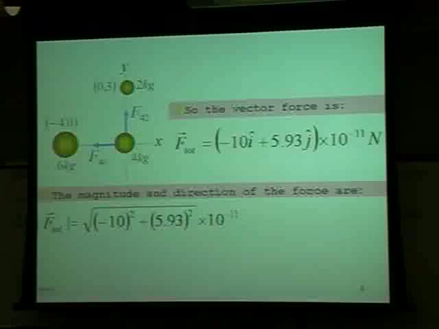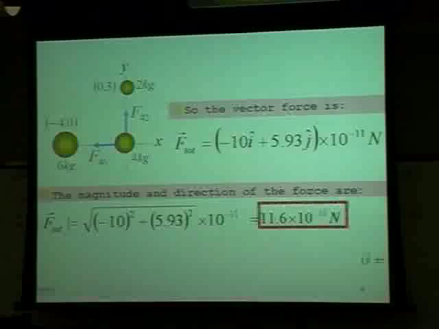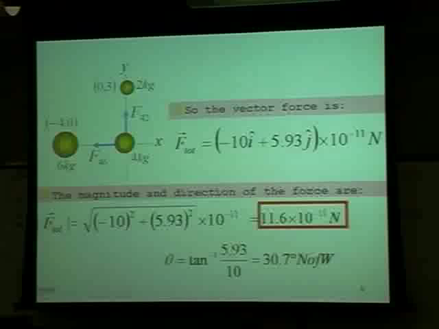In this case, the two components are at a right angle to each other, so I use the Pythagorean theorem: square both components, add them together, get the square root. I get a magnitude of 11.6 times 10 to the minus 11 newtons, and the direction is the inverse tangent of the y component over the x component, 30.7 degrees north of west.